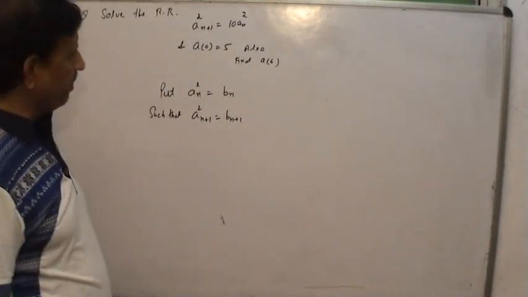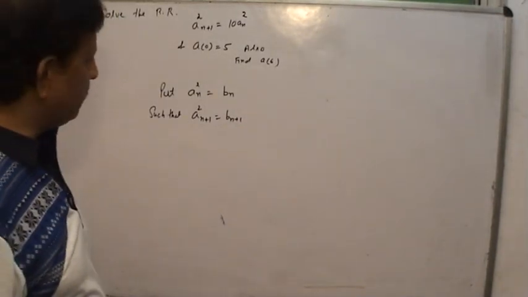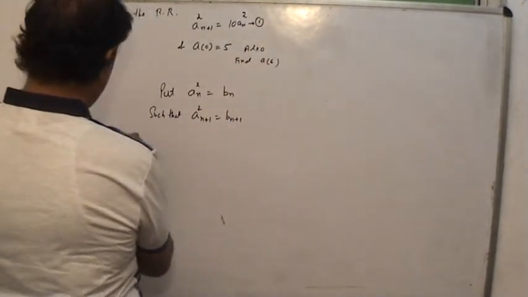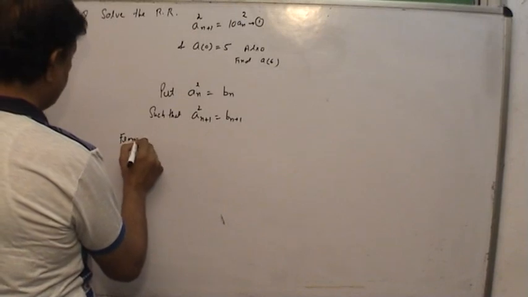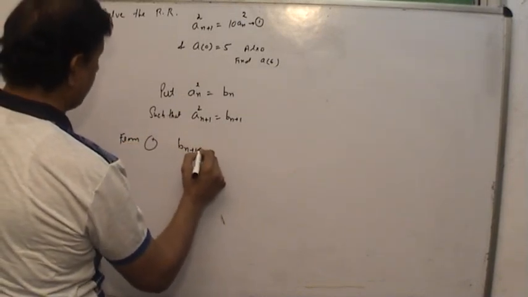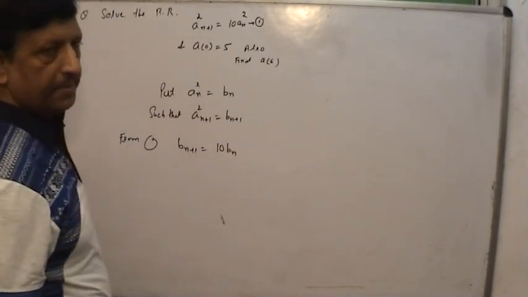So we replace the quadratic terms by linear terms in this way. Now from the given relation, we get bn plus 1 is equal to 10 times bn.